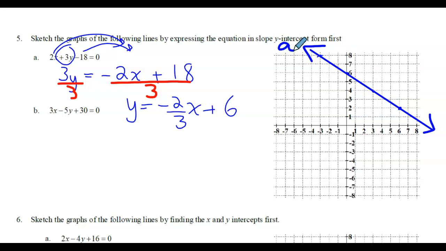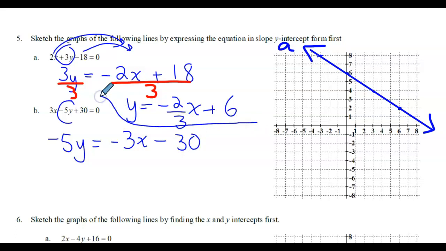Okay, do the same thing for B. Solve for y. Okay, so I kept the negative 5y by itself, or you could put the 5y on the right to make it positive, but I kept it on the left because I like to have my equation y equals.